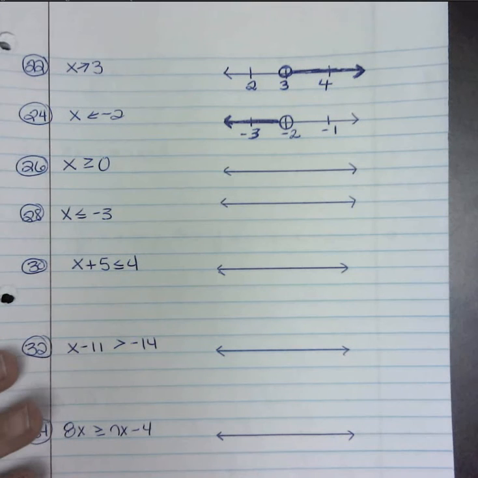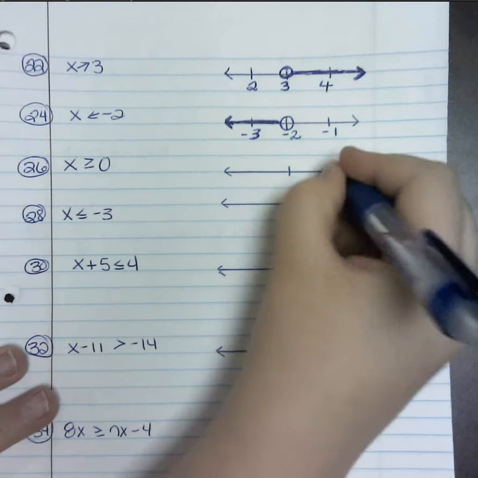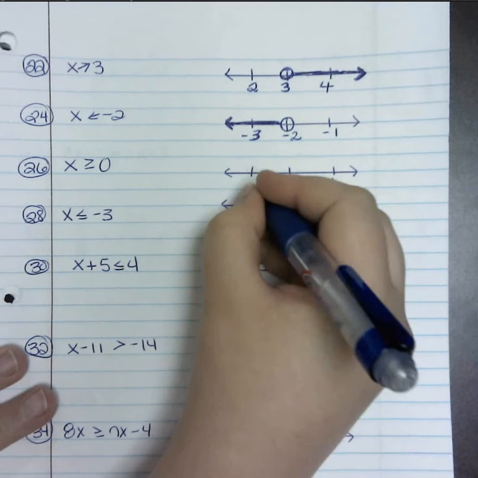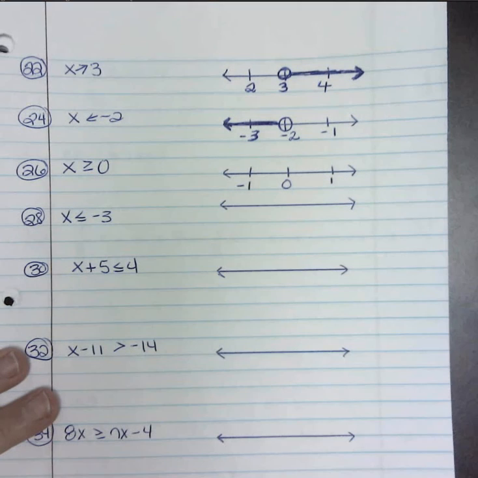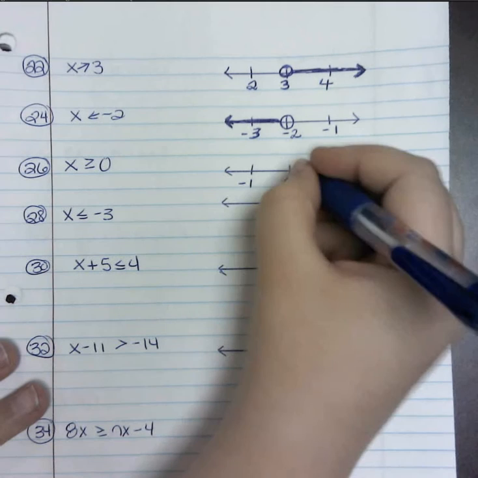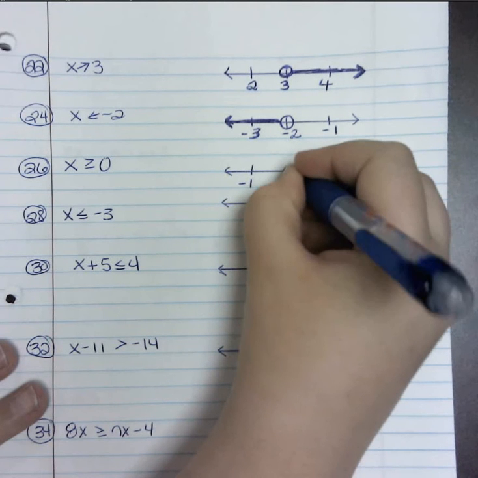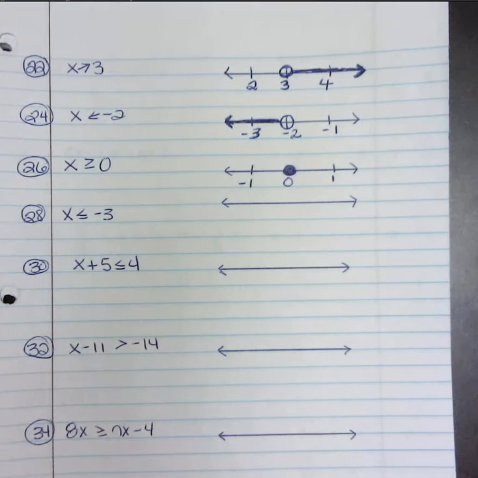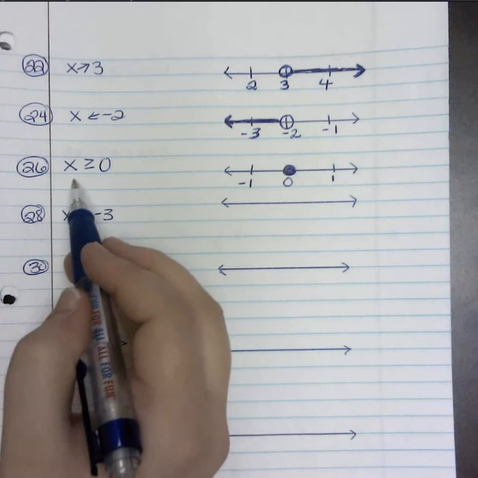Number 26, x is greater than or equal to 0. So we're going to actually put 0 in the middle this time. 1 is to the right, -1 is to the left. And we're going to use a closed circle this time. The reason we're using a closed circle is because of that equal sign under the inequality.